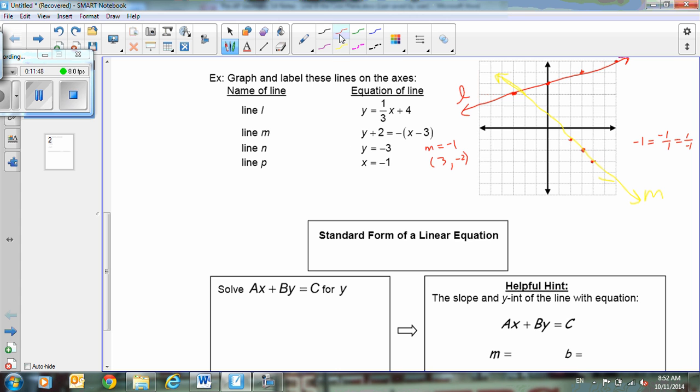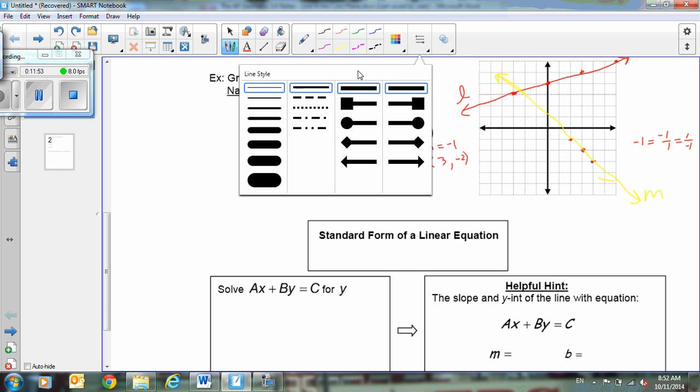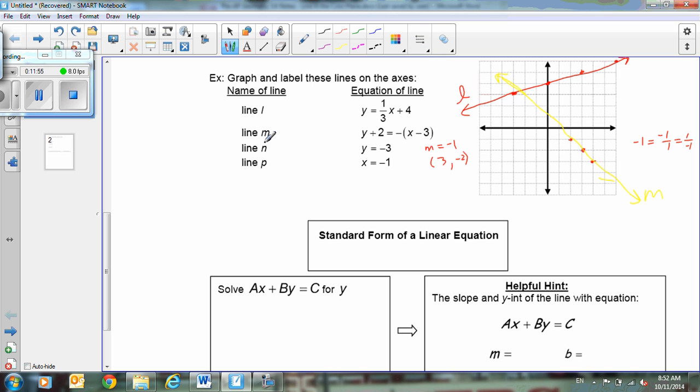All right, next line. You'll notice that its equation is line N, y equals -3. Now, what does a line that has this equation look like? Well, I just want to remind you of the mnemonic device HOY, which isn't a word.